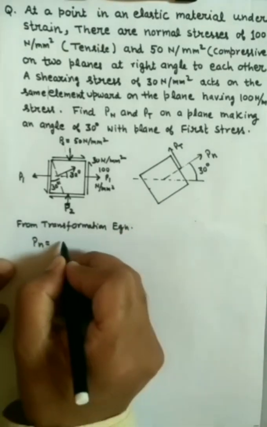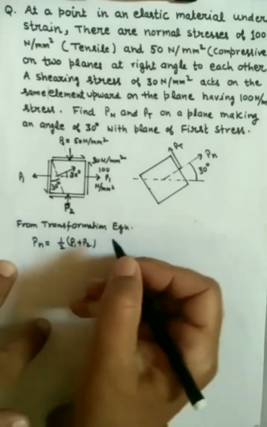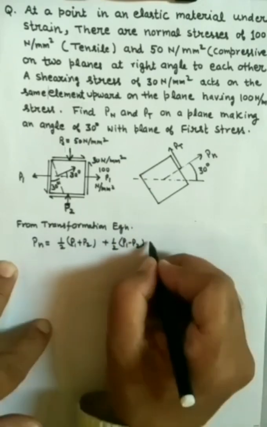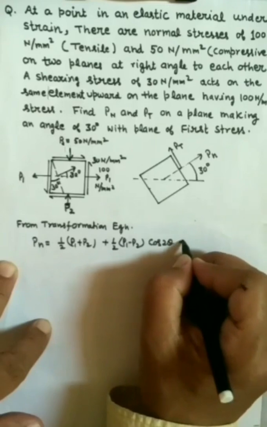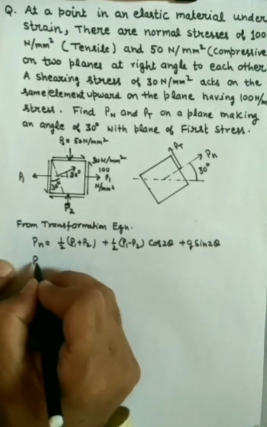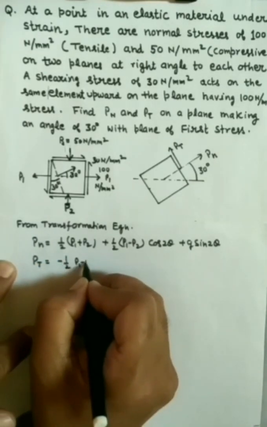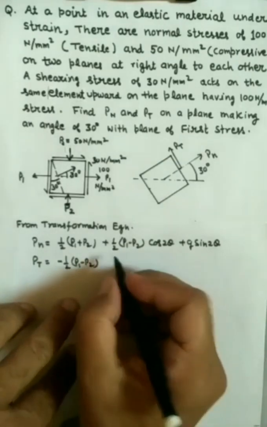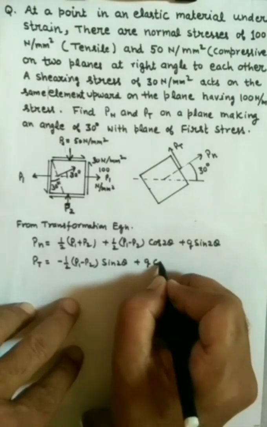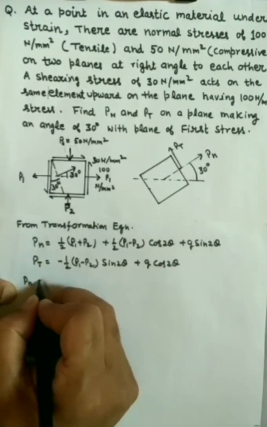Pn is equal to 1 by 2 (P1 plus P2) plus 1 by 2 (P1 minus P2) cos of 2 theta plus Q sine of 2 theta, and Pt, the tangential stress, is given by minus 1 by 2 (P1 minus P2) sine 2 theta plus Q cos 2 theta. So let us calculate the values of Pn and Pt.